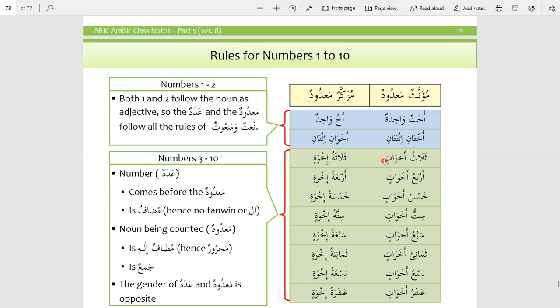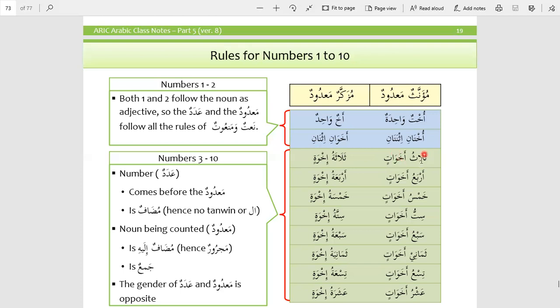This is jam'u. And look at this, when we say the number talatu akhawatin, we now bring the plural of ukht. Remember when you say ukht, and now it's akhawatin. Why ukht? Because singular. And akhawatin, why? Because it's now jam'u. So this is jam'u mu'annath, akhawatin.